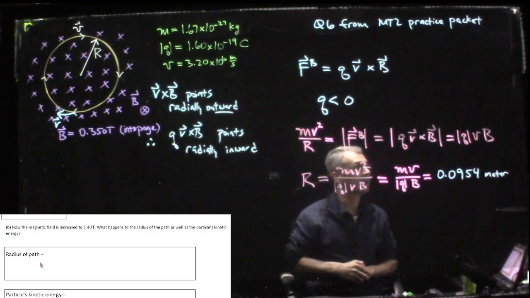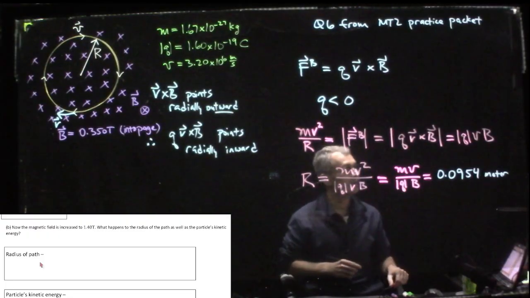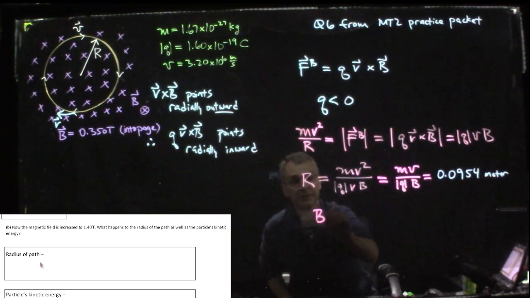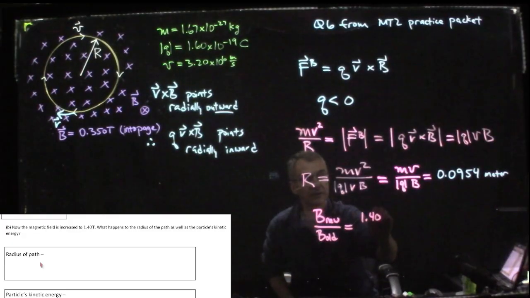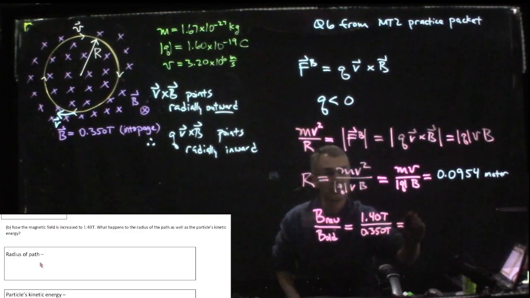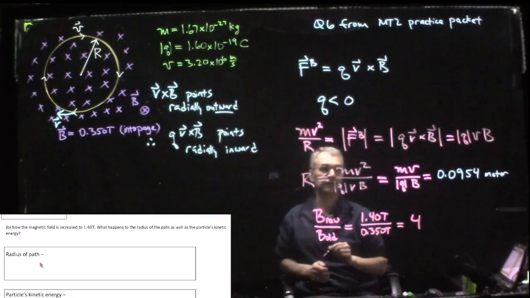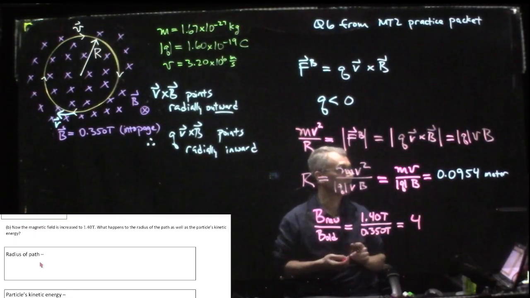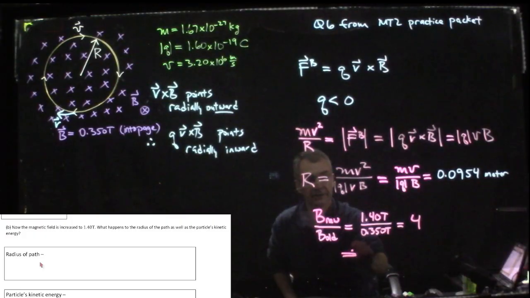So if the magnetic field increases, we have the new magnetic field divided by the old magnetic field is 1.4 Tesla divided by 0.350 Tesla. Double that is 0.7, double that again is 1.4. So this is a factor of 4. So we make B larger by a factor of 4, we must make R smaller by a factor of 4.